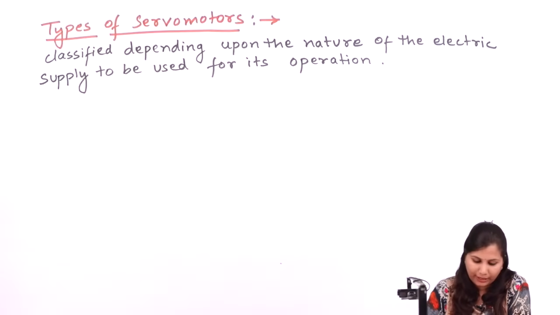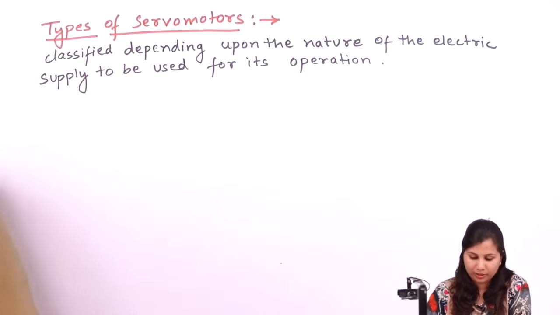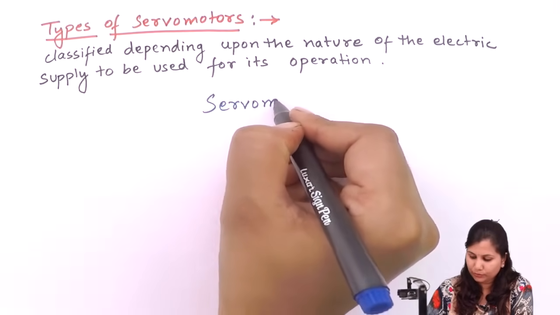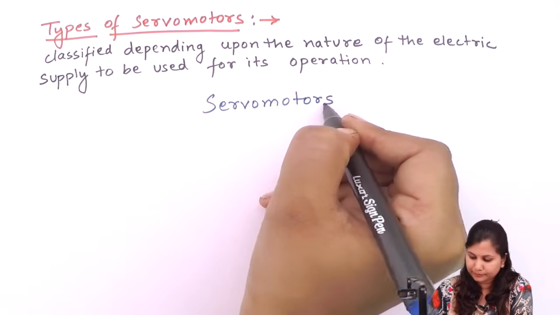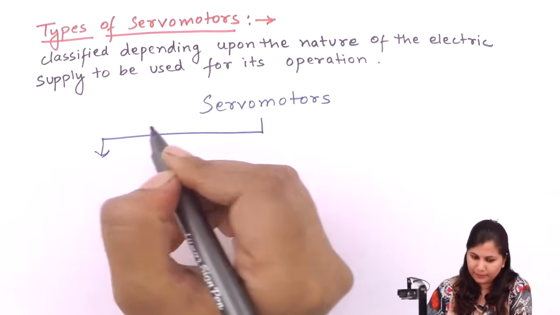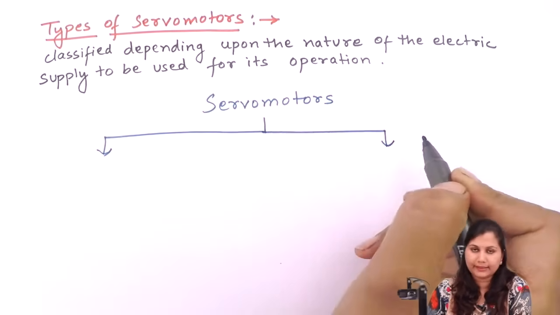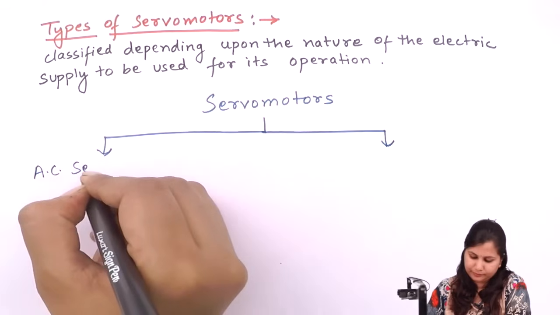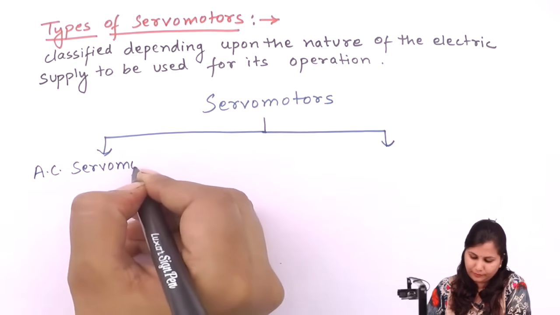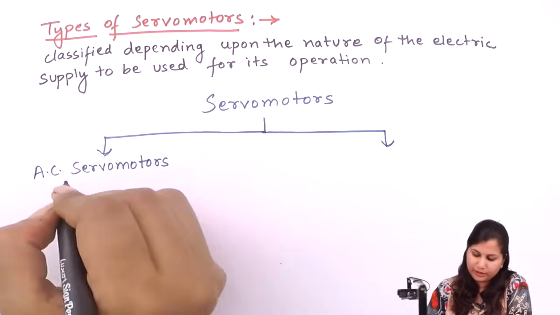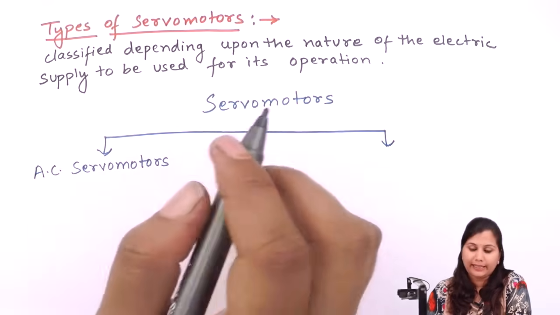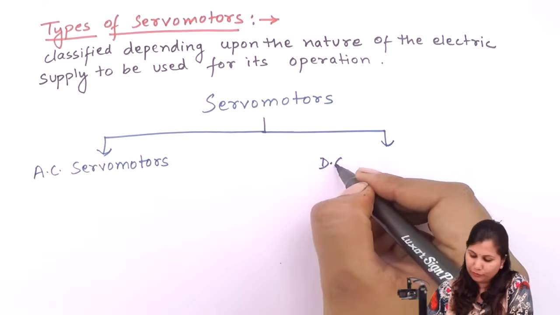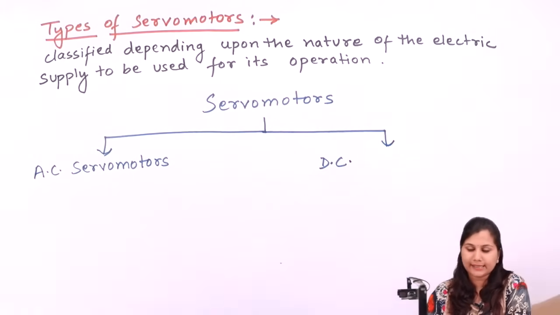So according to this classification, the servo motors are classified into two types, AC and DC servo motors. AC servo motors use the AC supply, and the DC servo motors use the DC supply.